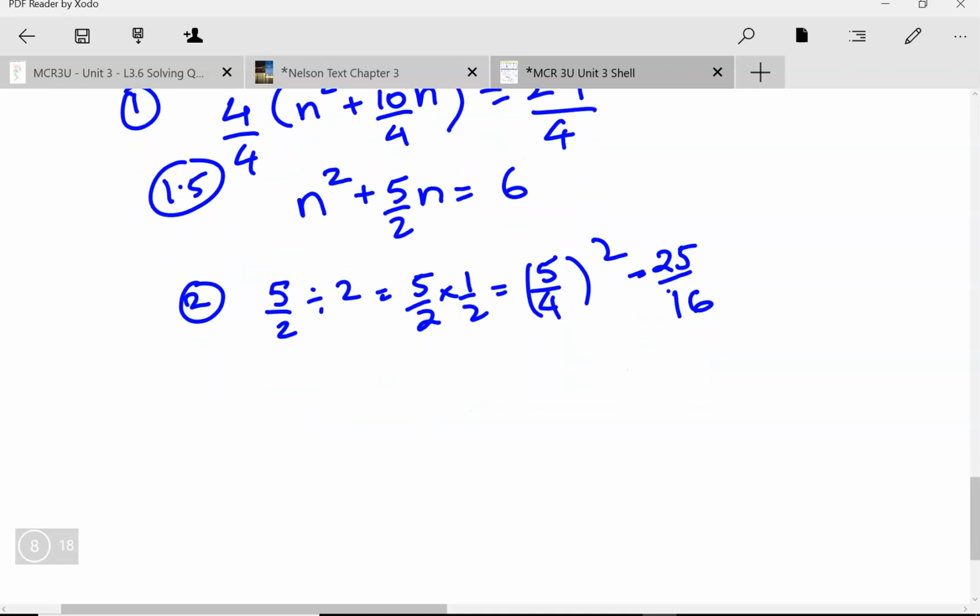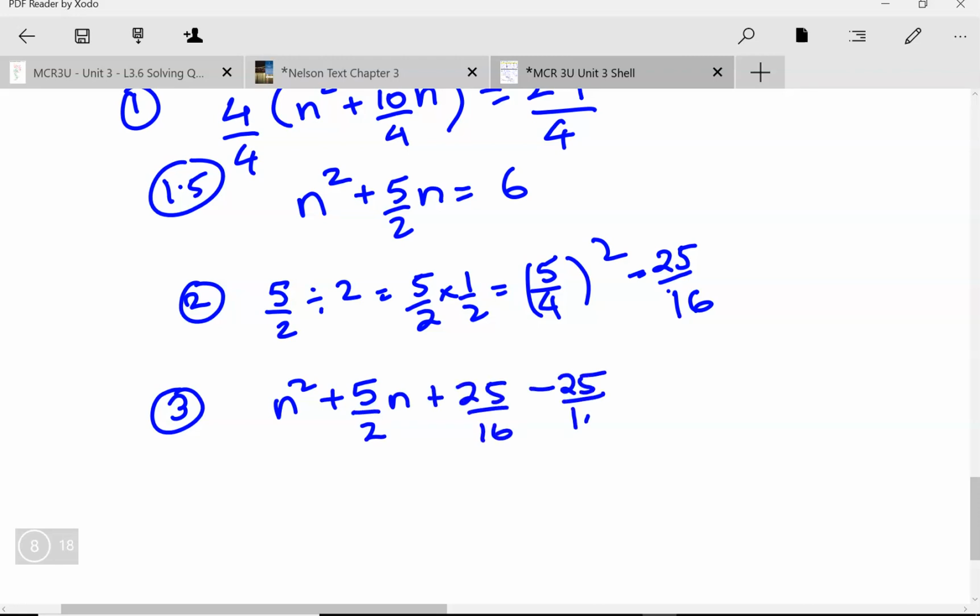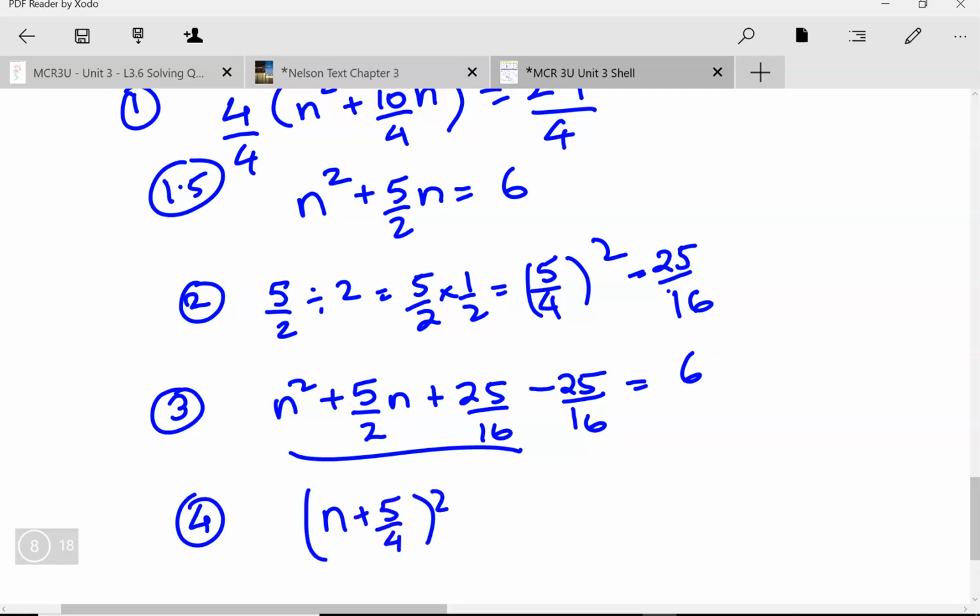Okay. And now I can add and subtract that number from both sides. Plus 25 over 16 minus 25 over 16 equals 6. Group the first three terms, complete the square here: n plus 5 over 4 squared plus 25 over 16.